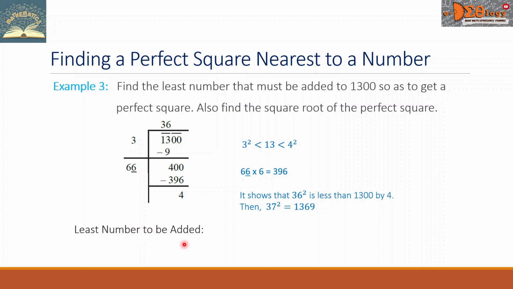So the least number to be added is 1,369 minus 1,300, and the answer is 69. And that means the perfect square number that we're looking for is this 1,369. And the square root of this is 37.